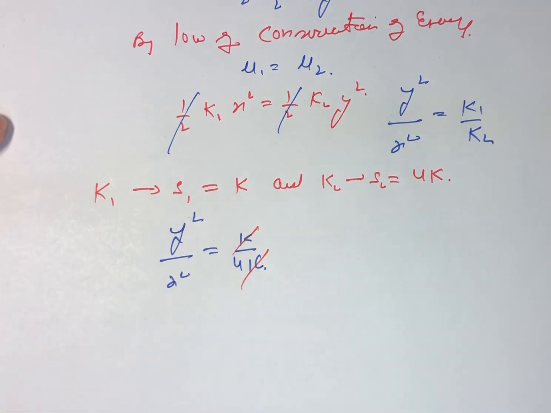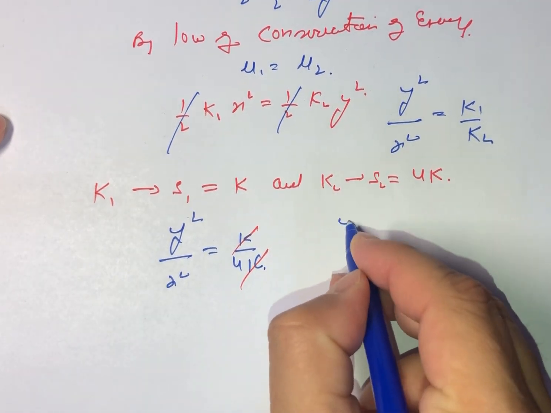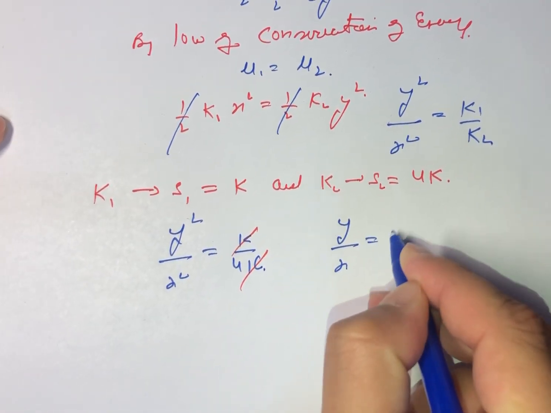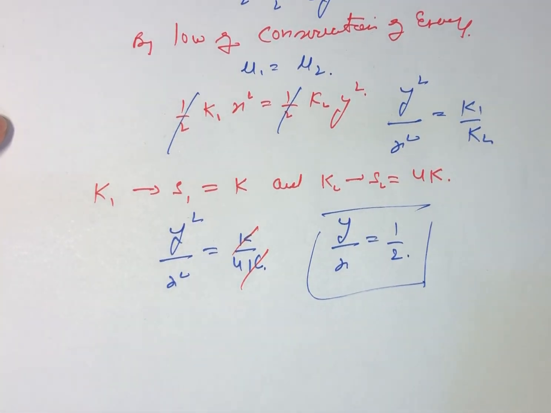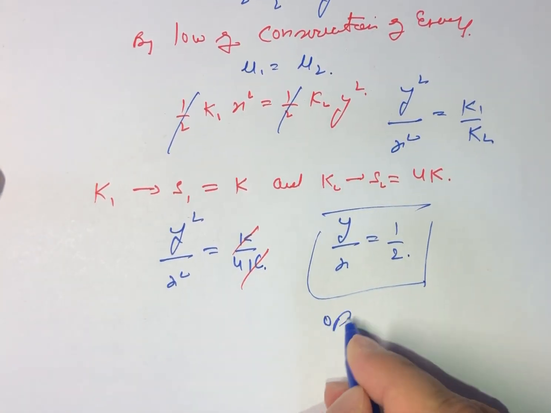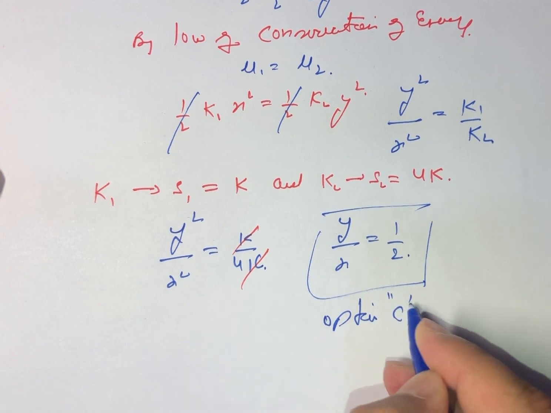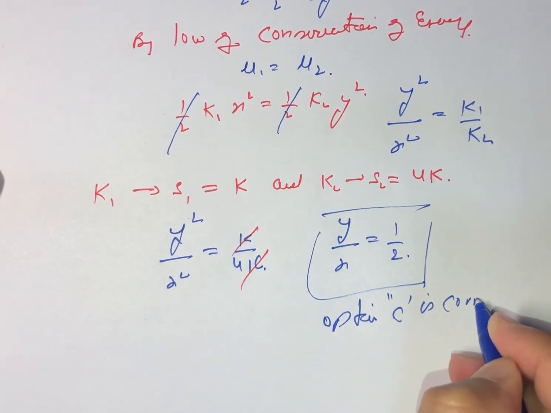K and K cancel out. From here we can say that y upon x is equal to 1 upon 2. So this is the final answer, or we can say option C is the correct one.